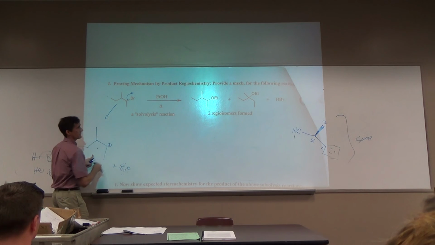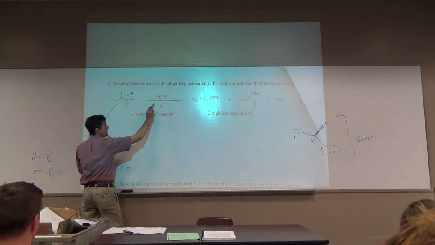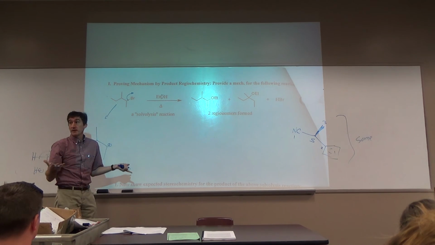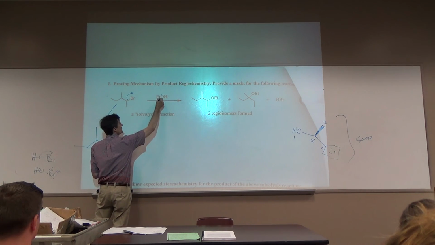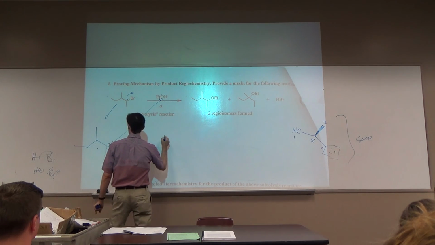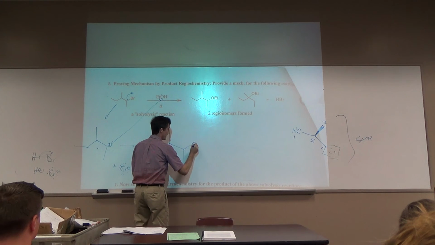How do you get the first product? Ethanol. Do we make this an anion? No. I don't know how you would do that. There's no base here. It's neutral, but we can use the neutral nucleophile. Bam. What does that give? Oxygen now bonded.